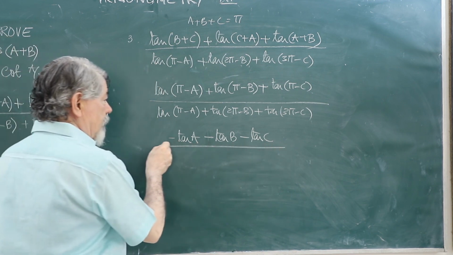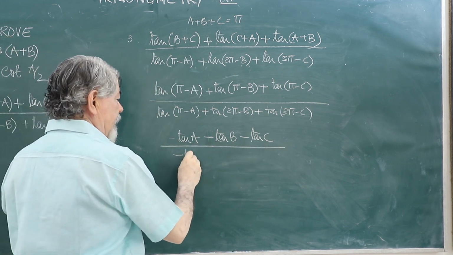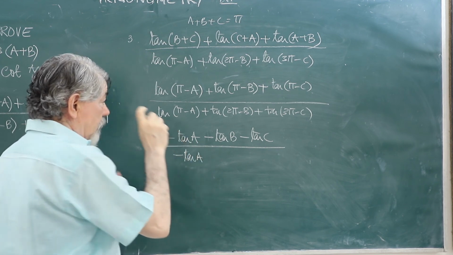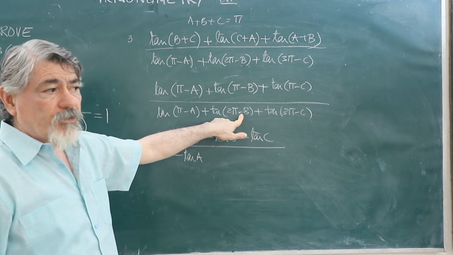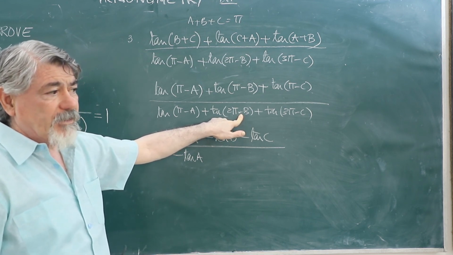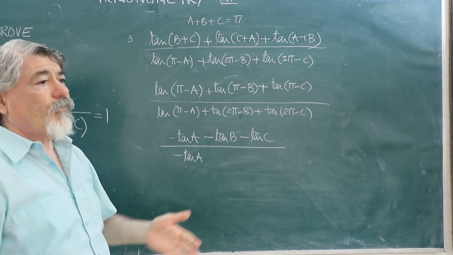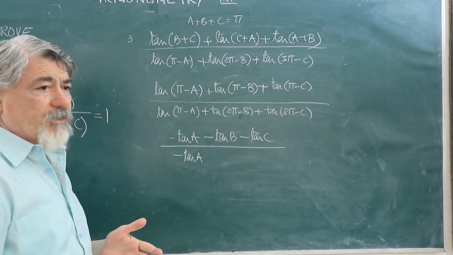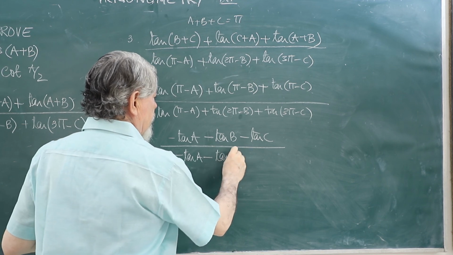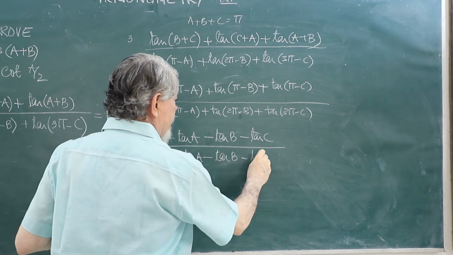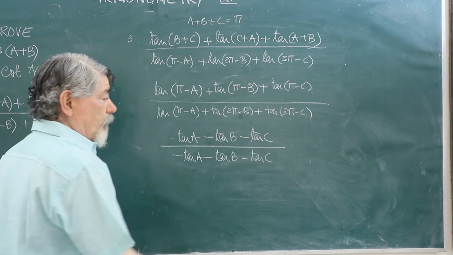Now, here in the denominator it will be minus tan A. Now, 2 pi minus B will be in the fourth quadrant, 360 minus B. In the fourth quadrant, only cos and sec are positive. The rest are negative. So it will be minus tan B. And it will be minus tan C, because again it is going to fall in the fourth quadrant.